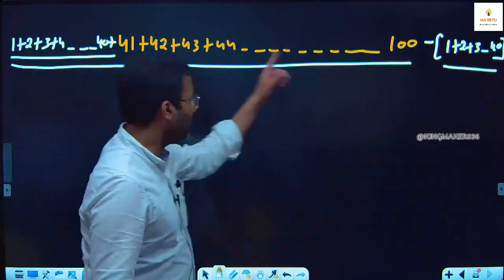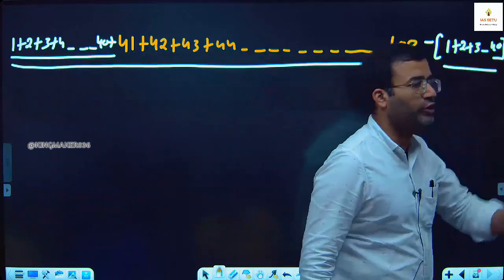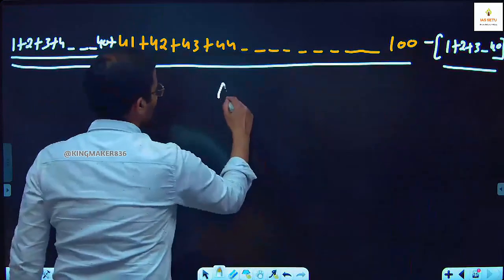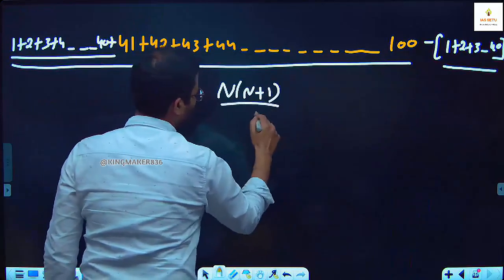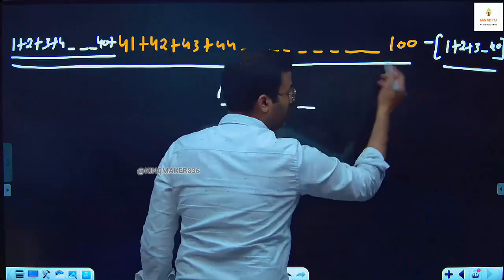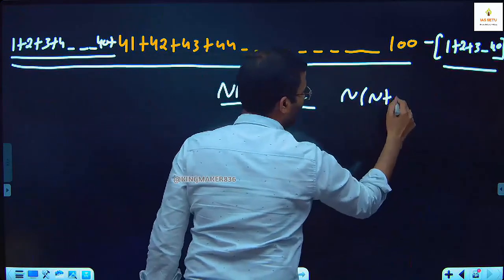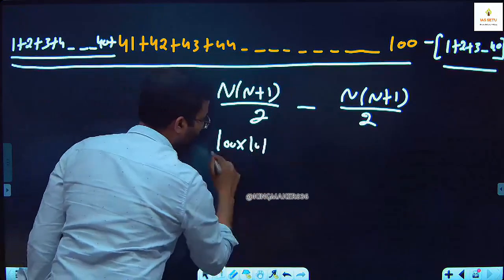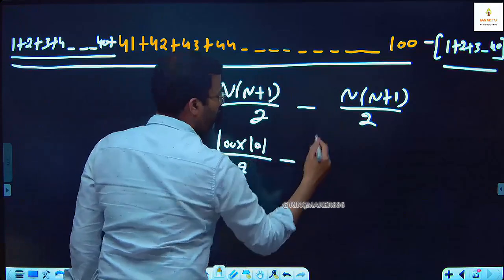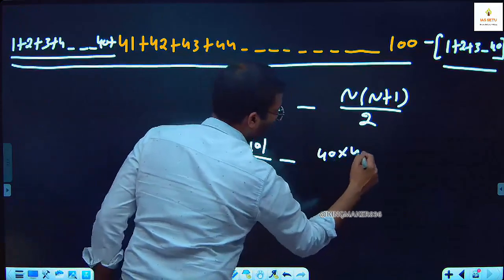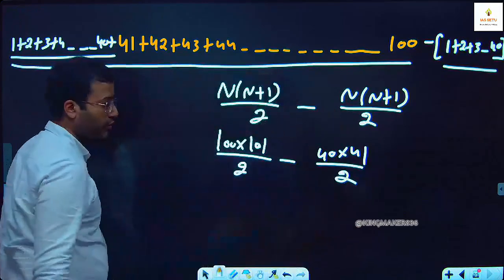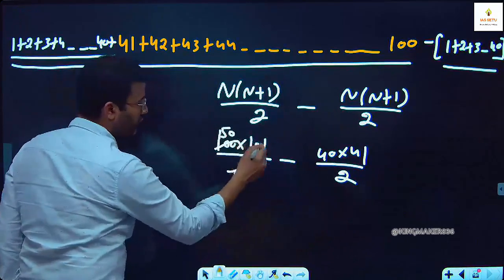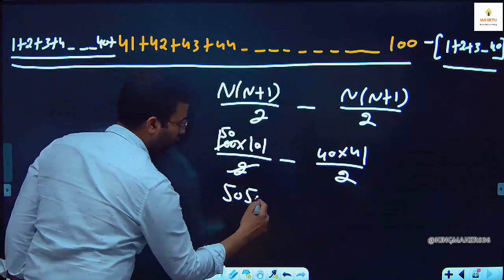This is first 100 natural numbers and this is first 40 natural numbers. So it is n into n plus 1 divided by 2. यहाँ n की वैल्यू 100 होगी और दूसरे के लिए n की वैल्यू 40 होगी. It is 100 into 101 divided by 2 minus 40 into 41 divided by 2. So this is 50, 50 into 101 is 5050.